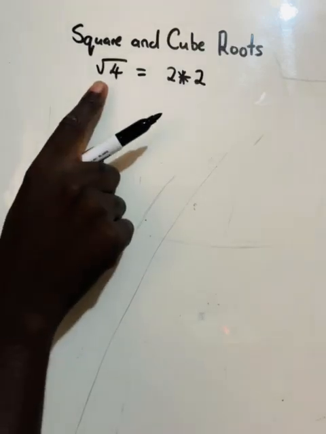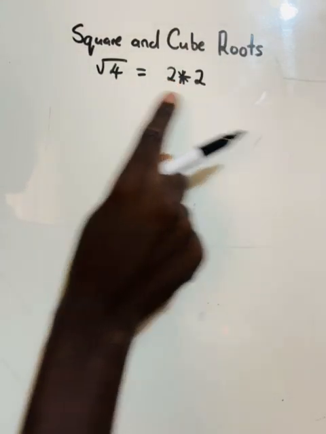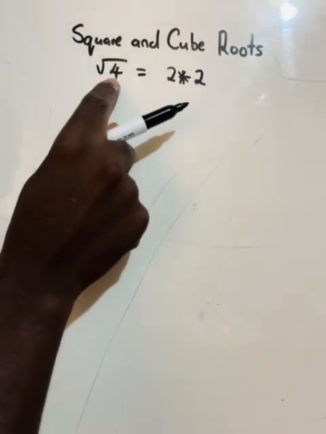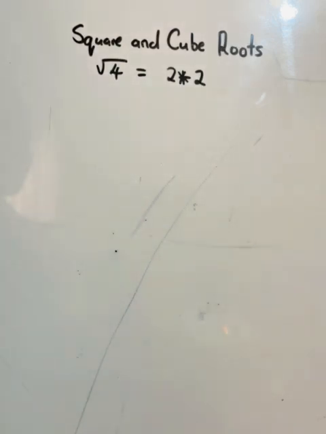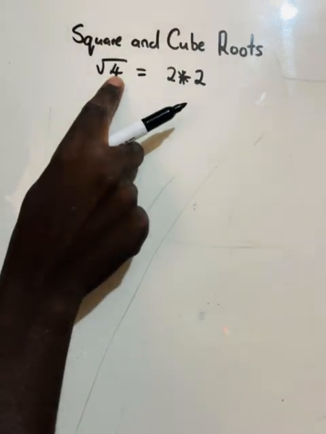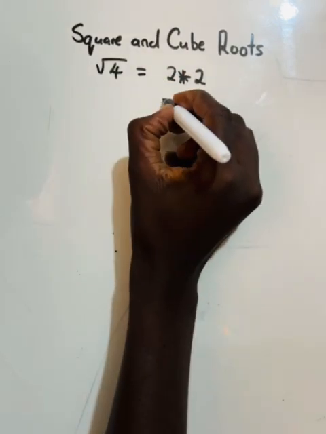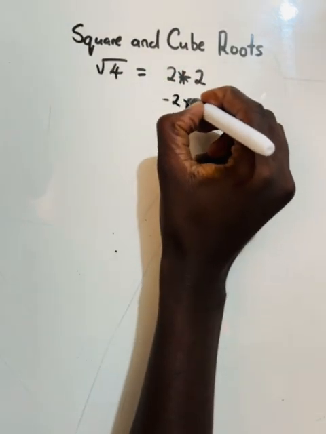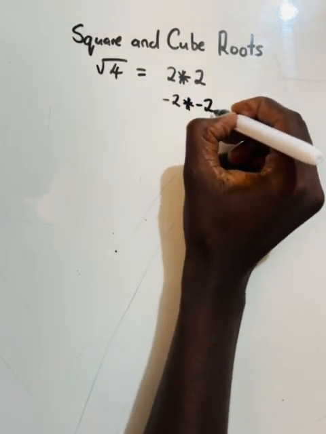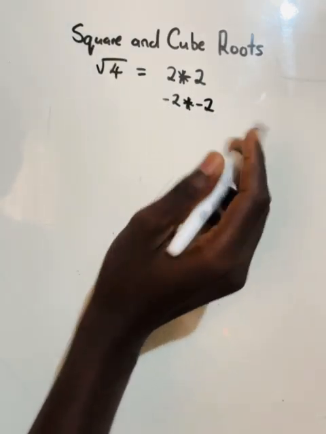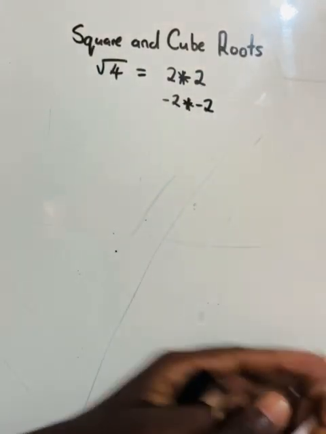Or is it only positive 2 that can give us positive 4? The answer is no. What other number can give us a positive 4? Remember, when you multiply negative 2 by another negative 2, a negative and a negative produces a positive.